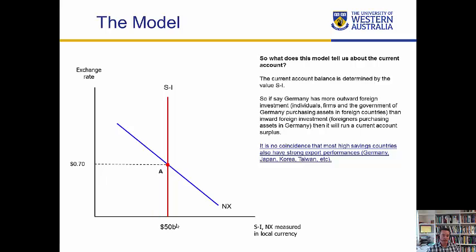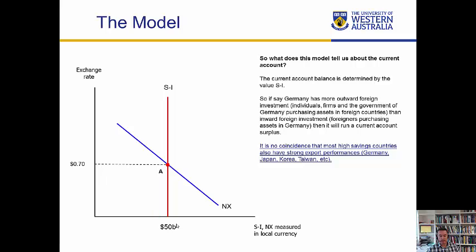So Germany, by saving a lot relative to investment, will be building up net foreign investment positions in other countries, and those foreigners will then be buying German exports, more exports than Germany buys of its imports, driving Germany's export sector.